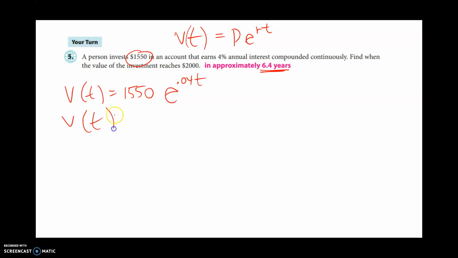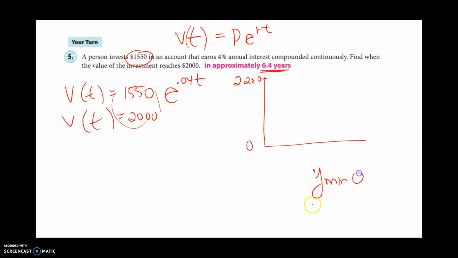They're saying, when will it reach $2,000? Well, it's not growing that much, but I want to be able to see the intersection, so I have to include these values. So my y min is 0, my y max is 2200, and it doesn't have to grow that much. So I'm going to do an x min of 0 and an x max of 10 years.